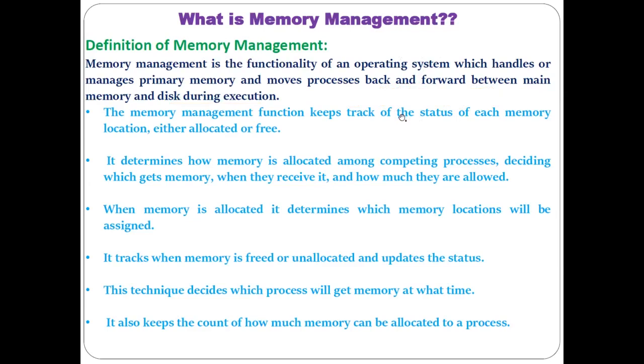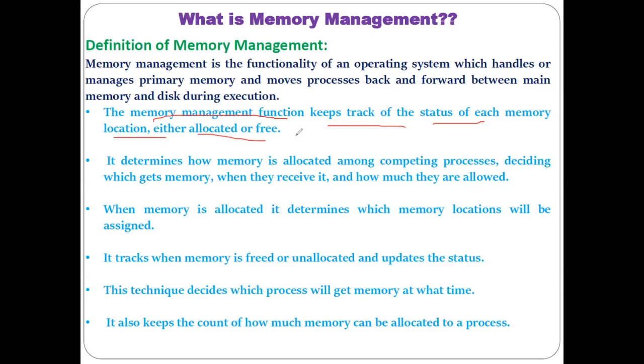Okay. So as part of the management of the primary memory, different kinds of activities are performed. As you know, the memory management function keeps track of the status of each memory location. This function of the operating system has to keep track of how much memory is allocated, which memory locations are allocated, and which memory locations are free.